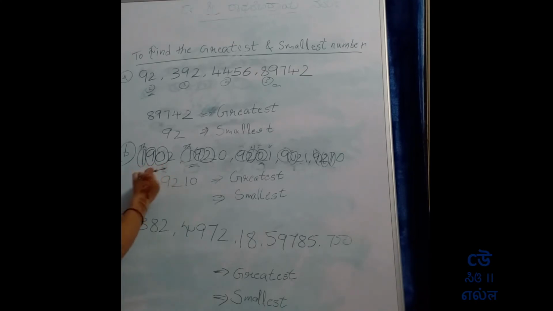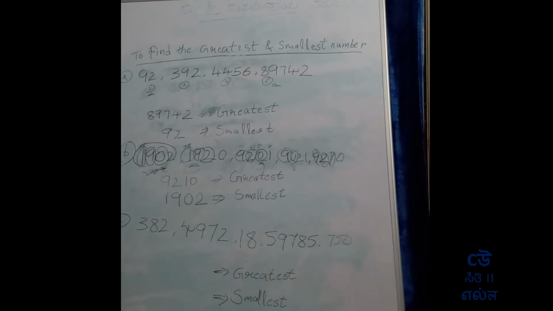So we'll consider this as the smallest number. Okay, that is 1902. These 5 numbers, we have 4-digit numbers in each number, right? In that, what we did, first we found out how many digits are there in each number.